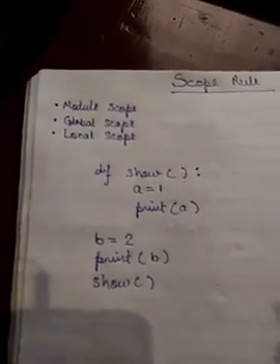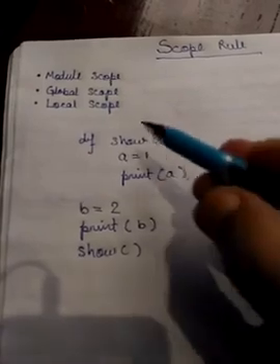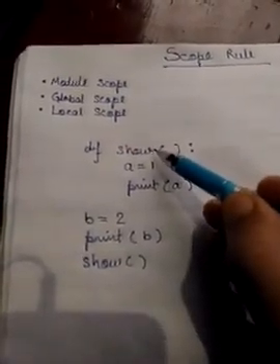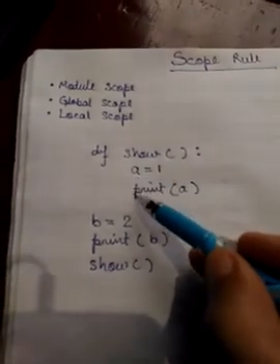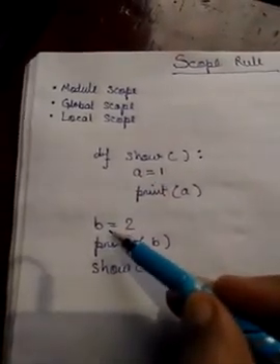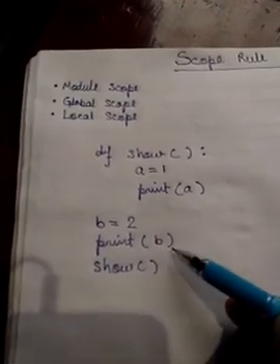show. So what will happen? The execution of the program will be like this. First, the interpreter reads the header of the function. After that, it skips the definition and comes to the main program. In the main program, there is a variable b which has value 2. Print b.